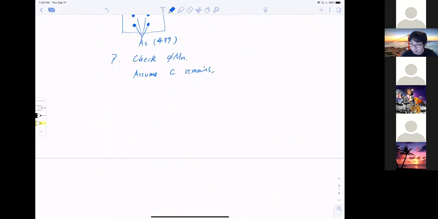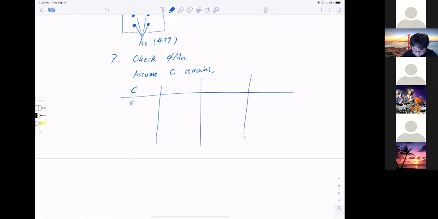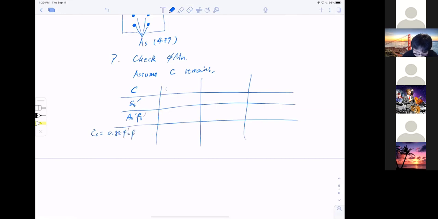Remember the analysis table, with C at different values, epsilon S prime, AS prime, FS prime, and concrete 0.85 f'c beta 1 C b, and steel CS right here, and tension AS FS1.